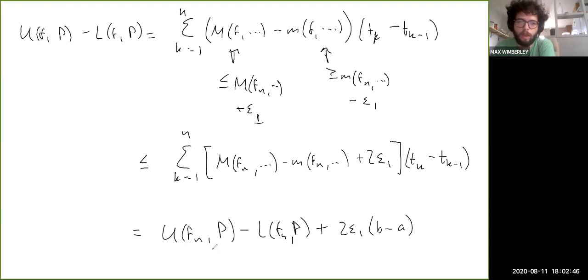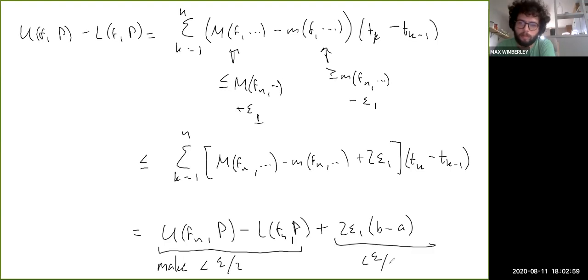So basically, we make this be less than epsilon over 2, and make this be less than epsilon over 2.